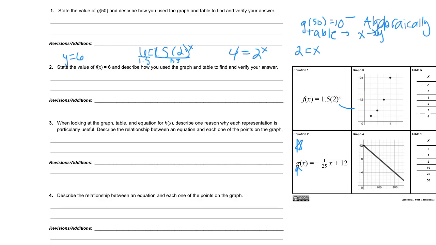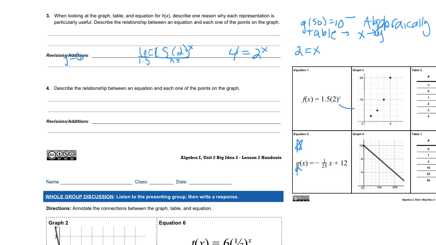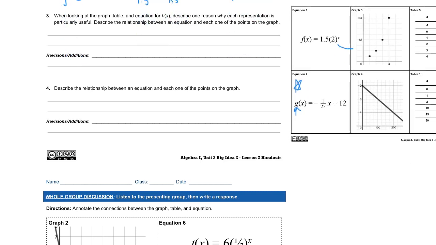All right, number 3. When looking at the graph, table and equation for h of x, describe one reason why each representation is particularly useful. Okay, so here I want you to think about what the graph and the table and the equation tell us.